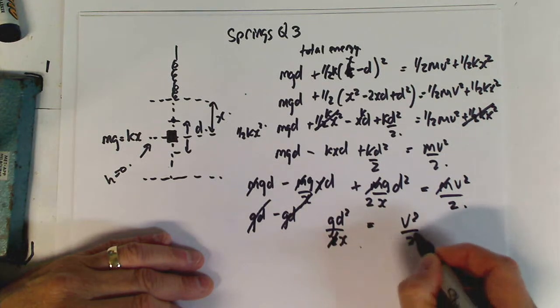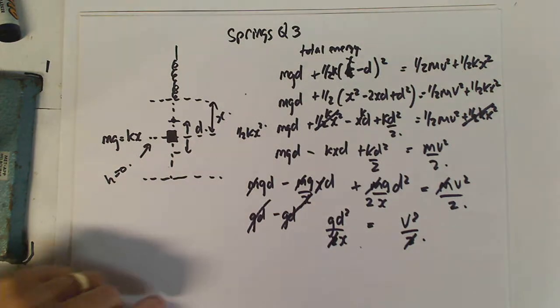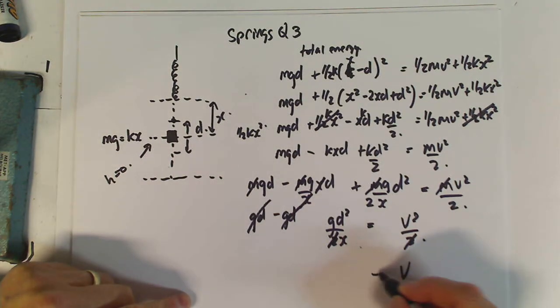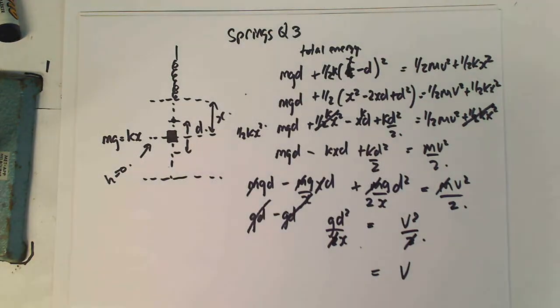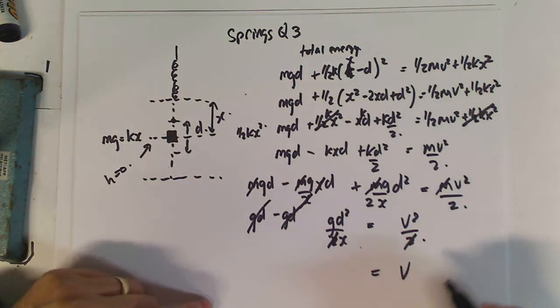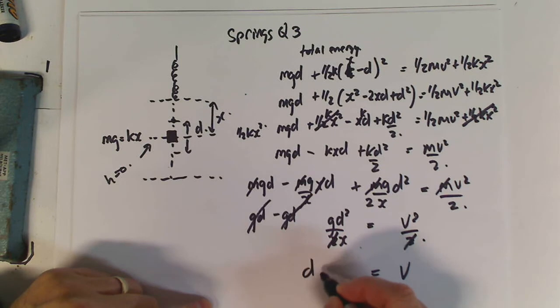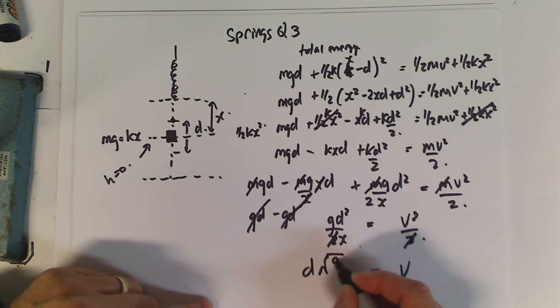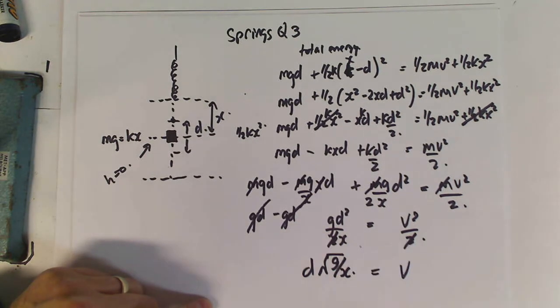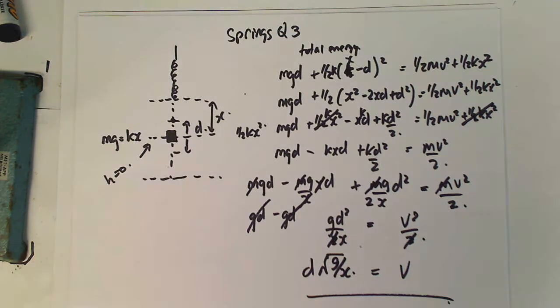Oh, we can get rid of the 2's. Look, we got it. v equals the square root of g d squared over x. Also, sorry, v equals d times the square root of g over x. And we're done. A little bit trickier, but not really.